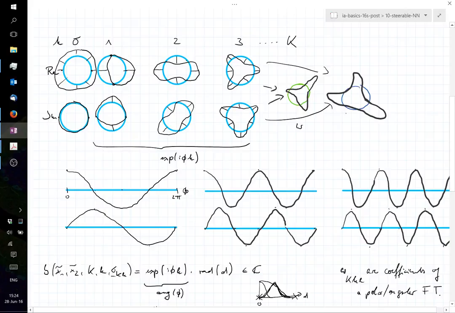How many rotated versions of this filter do we now need to make it steerable? Now remember, the definition of steerable means that we need a couple of basis filters such that we can synthesize the output of an arbitrarily rotated filter from those basis filters.